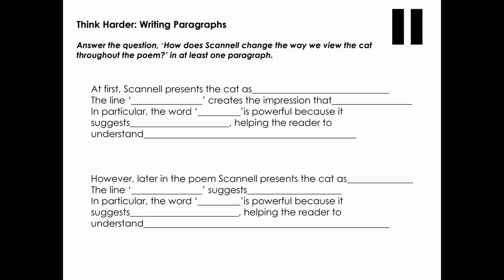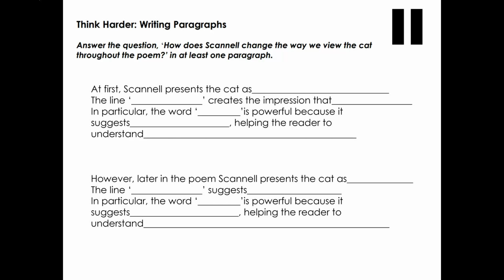So I've given you some guidance. We're starting in the first paragraph saying, at first, so early on in the poem, how does Scannell present the cat? The cat is presented as what? Which lines prove that? And then can you clearly explain the impression, zooming in on a word, and what you think this makes the reader understand?